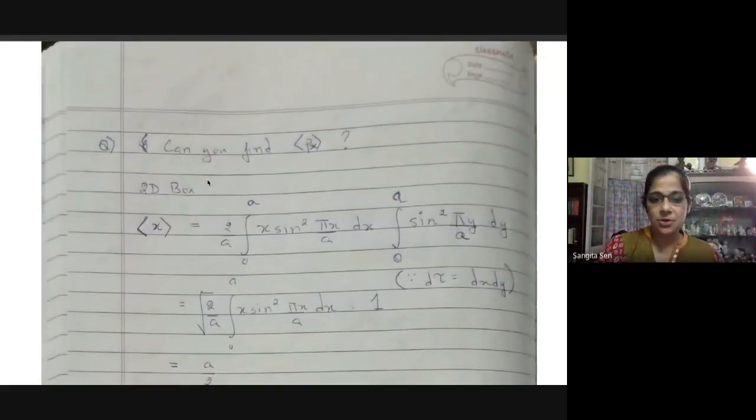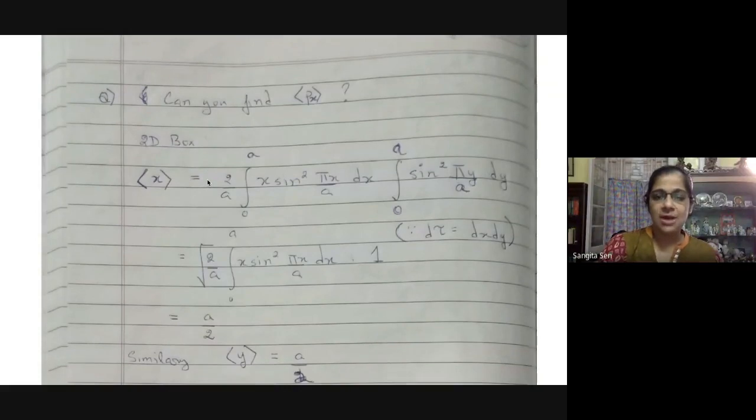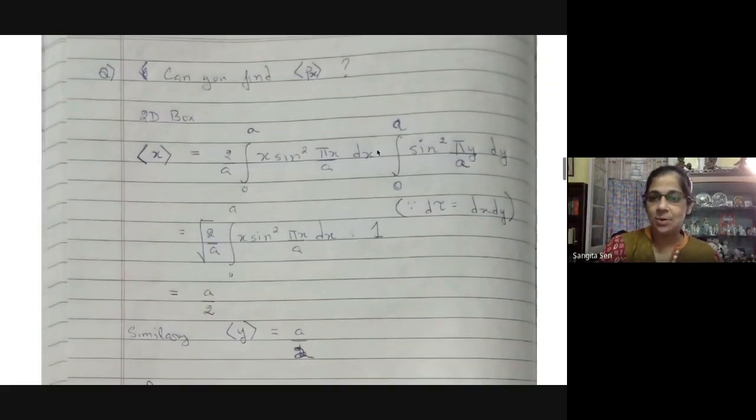Now what happens for a 2-dimensional box? For a two-dimensional box, like I said, d tau is dx dy. Okay, and since the wave function is product separable, the double integral that we have separates into two separate integrals, one on x and one on y. Also, if you remember from the previous class, the x component and the y component of the wave function were individually normalized to 1.